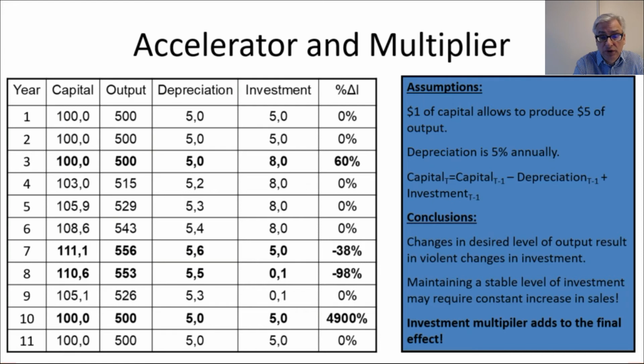So we increased our demand like in year 3, then it was kept stable at the level of 8, then we decreased to 5, then we decreased to close to nothing, then we increased to 5 again. There is a lot of violent changes in investment demand.